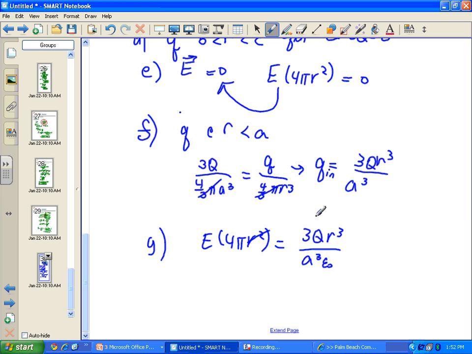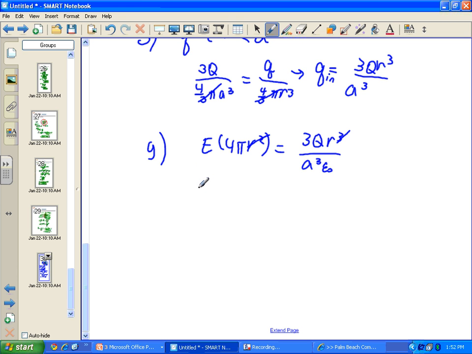Notice that the r squared cancels two of the r's, and we're left with 4 pi epsilon naught, which is k. E is equal to k times 3Qr over a cubed, in the r hat direction.